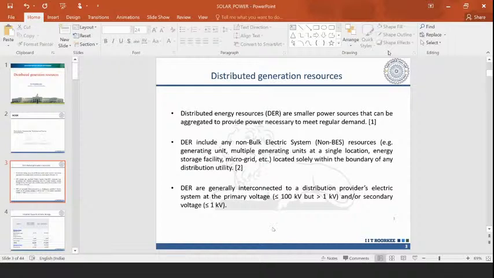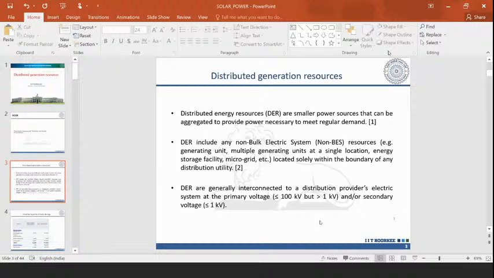So this DER, according to the IEEE standard, is generally interconnected to a distribution provider's electric system at a primary voltage of less than 100 kV or greater than 1 kV, or a secondary voltage level that is less than 1 kV also. Like in IIT Roorkee, our panels are installed at the 230 volt level, 440 volt level.